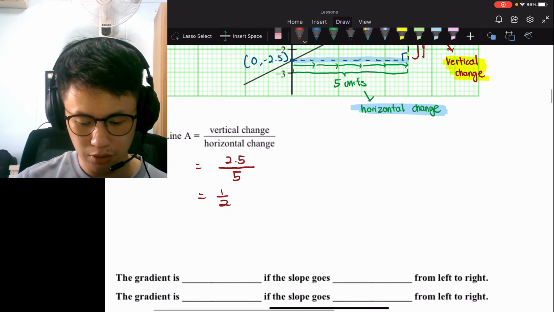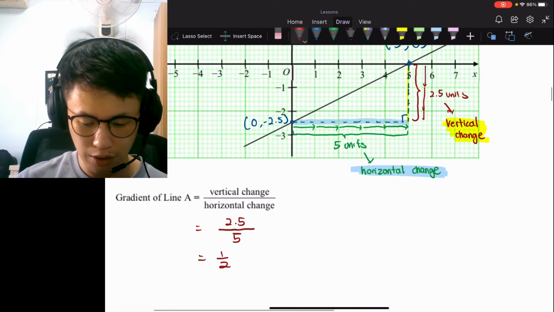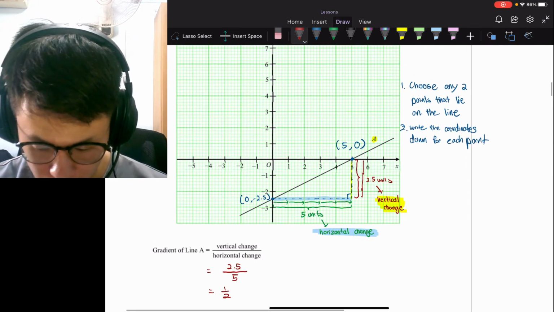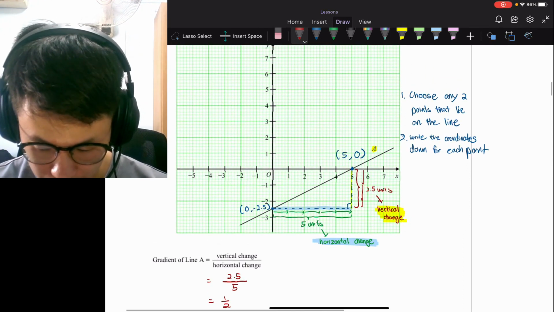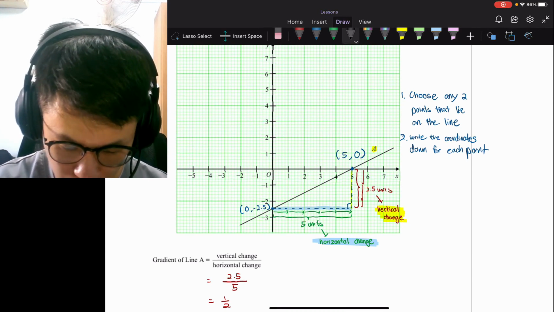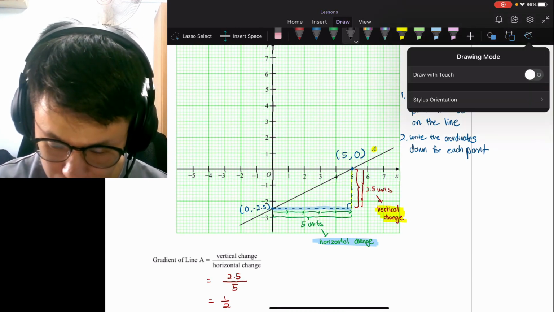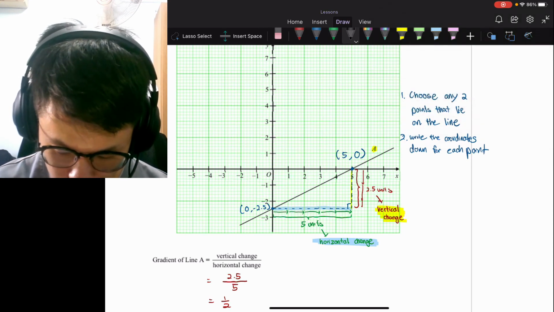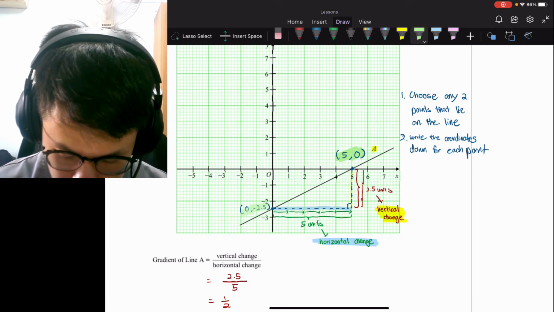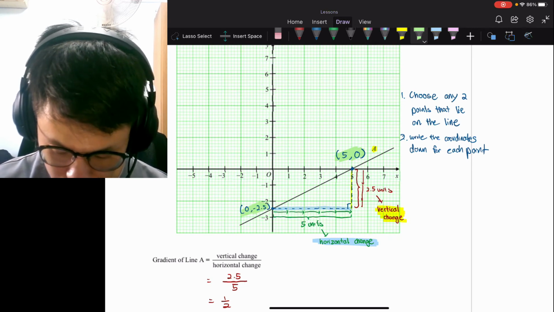Now let me repeat the steps. We choose any 2 points that lie on the line. I choose this point and this point. Write the coordinates down on the line.